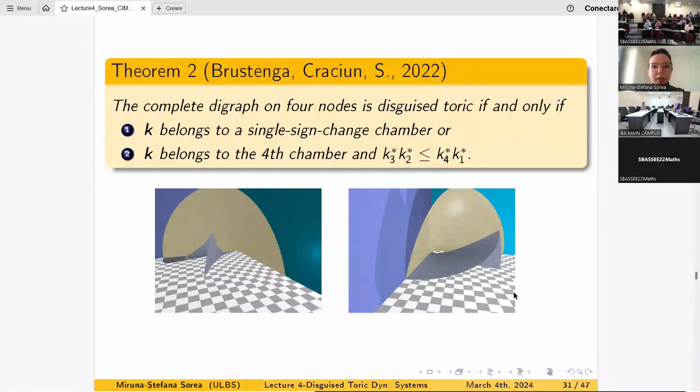I just wrote it a bit briefly here, and I didn't write the whole thing, but the idea now is that for the 4-node graph, the quadrilateral, we know that this graph is disguised toric if and only if there are 2 cases.